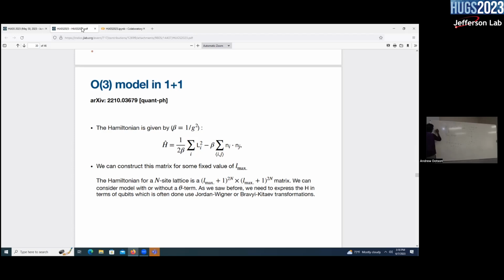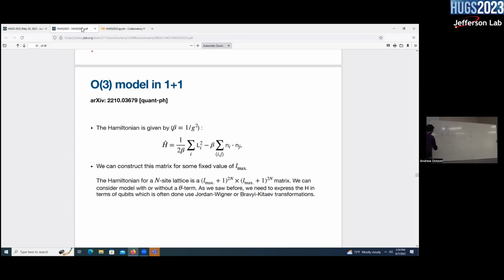If L is 0, the possible value of the m quantum number is 0. If L is 1, m can take values -1, 0, 1. If L is 2, it will go from -2 to 2. So in this case, it's 1. In this case, it's 3. In this case, it's 5.